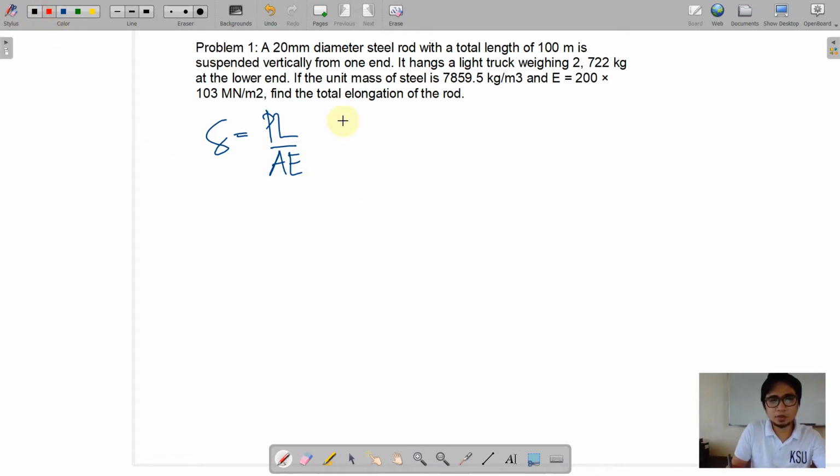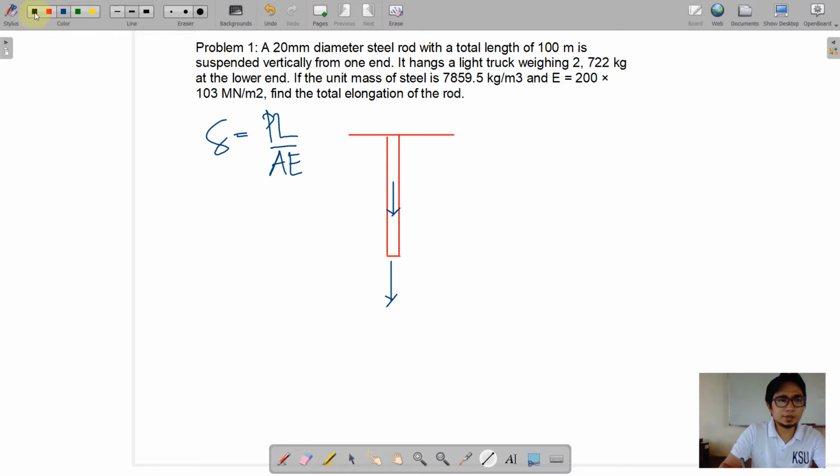So draw the FBD. We have here a suspended bar, and this suspended bar has a weight and a force on the edge.